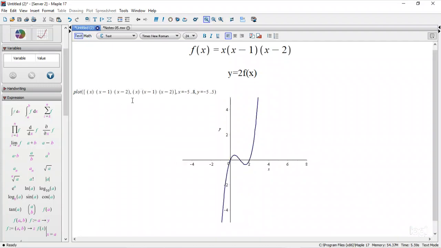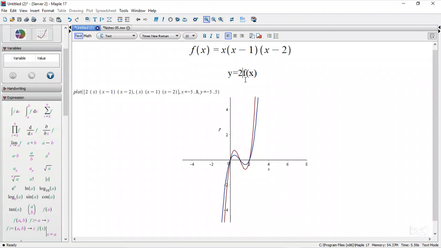Now this is the original graph, and now you can see the roots are still the same, but all the y values are multiplied by 2. The blue graph is the original one.